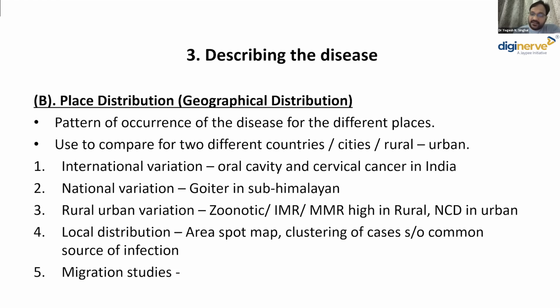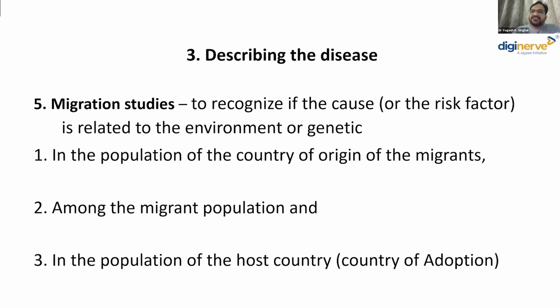Okay. Then about the migration study, it is very important to know what the migration study is. If we want to recognize whether the cause of the disease lies in genetics or in the environment. Suppose 100 patients from Africa are coming to India, and they have a disease, suppose Ebola.